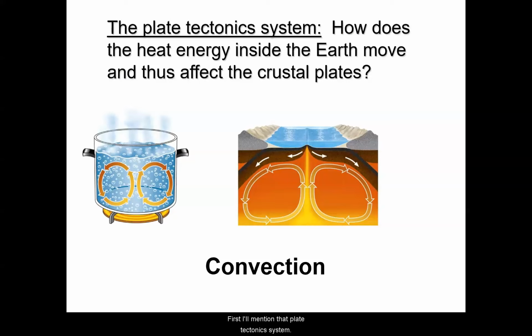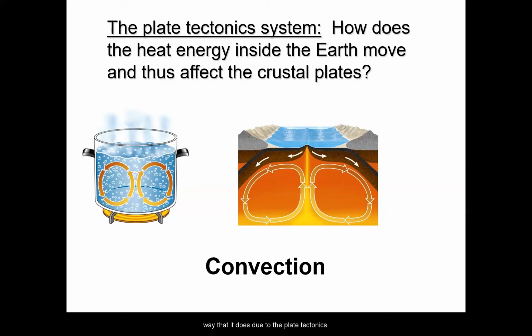First, I'll mention the plate tectonic system, though, because the Earth's lithosphere, that solid outer skin, is going to behave in the way that it does due to the plate tectonic system. We'll talk more about that in the future, but I just want to mention this now since we're talking about Earth's interior. And the plate tectonic system describes how the heat energy inside Earth moves around and thus affects those crustal plates.